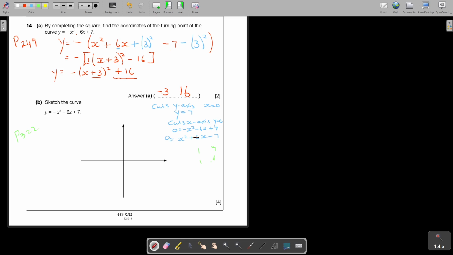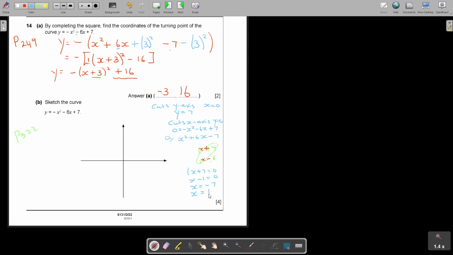The biggest one gets a positive, and the other a negative. So I'm sitting with x plus 7 equals 0, or x minus 1 equals 0. So x equals negative 7, or x is equal to 1.